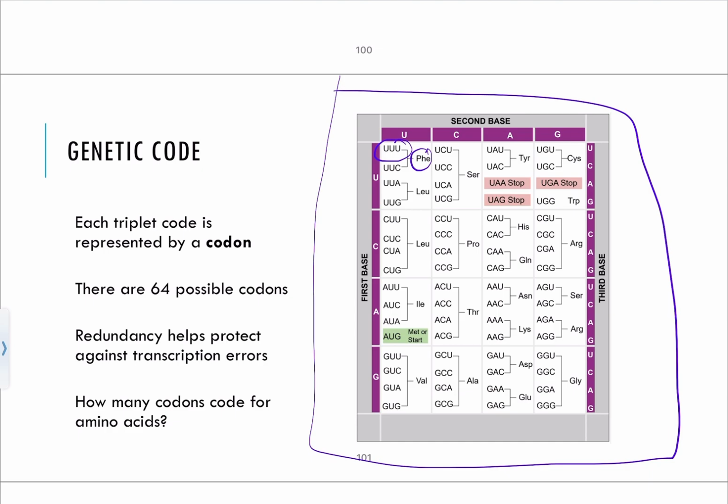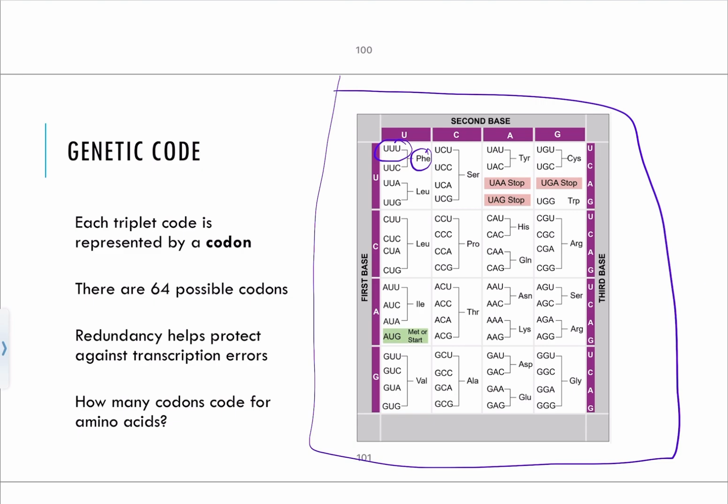And it's going to continue to read the mRNA in sets of 3, or these codons, until we basically run out of mRNA to read. So we read 3 nucleotides, lay down an amino acid, go to the next set of 3 nucleotides, lay down another amino acid, and so on and so forth until we have our completed polypeptide.